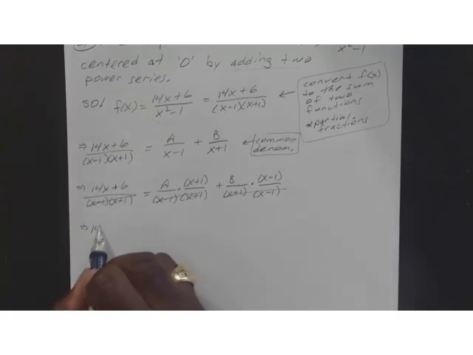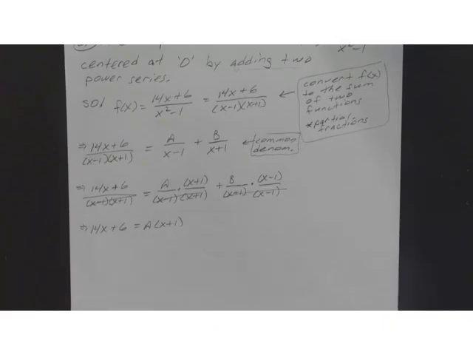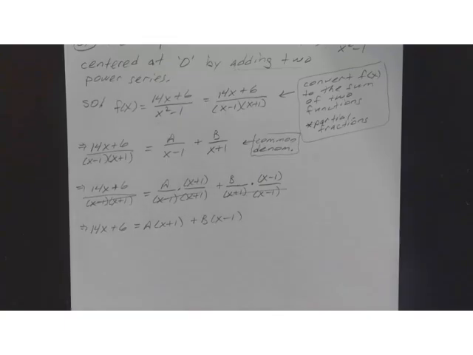So that gives us 14x plus 6 is equal to a times x plus 1 plus b times x minus 1.